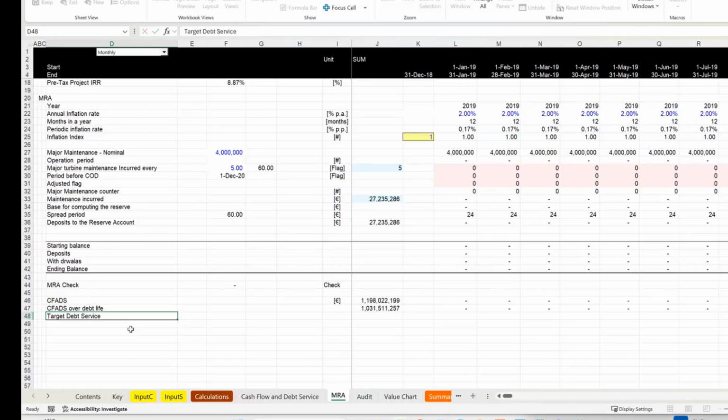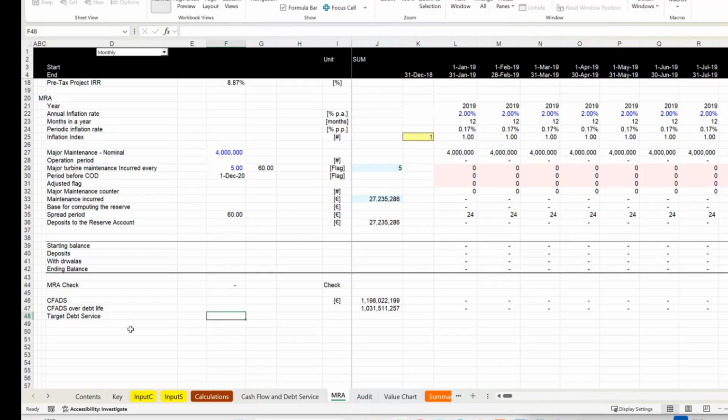And then the tricky thing here is the monthly scenario. The rest of them, we've done way too much, but the monthly scenario where we accumulate it over 6 months, that's going to be a little bit trickier, I think. Okay, and do we have it in the inputs, target debt service?